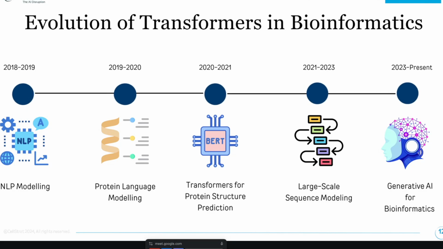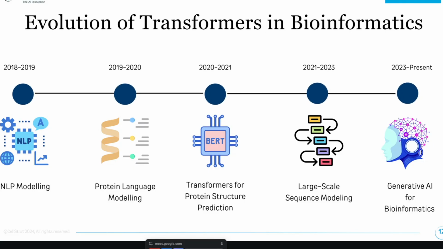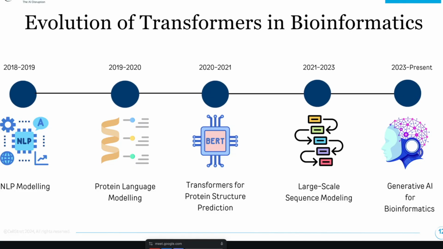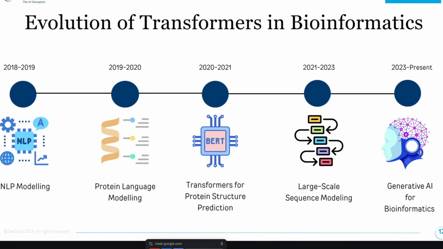Previously, it was just multi-sequence alignment predictions, but now they transformed it to a level of utilizing transformers for genomics and proteomics use cases. Examples like GeneBERT and DNABERT can elucidate this modeling.